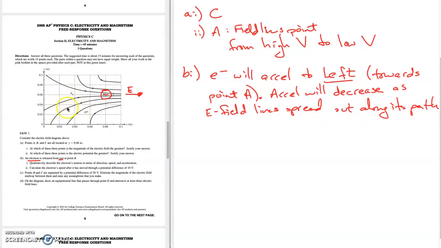However, the acceleration is not going to go negative. It's still going to be speeding up to the left. It will continue speeding up.